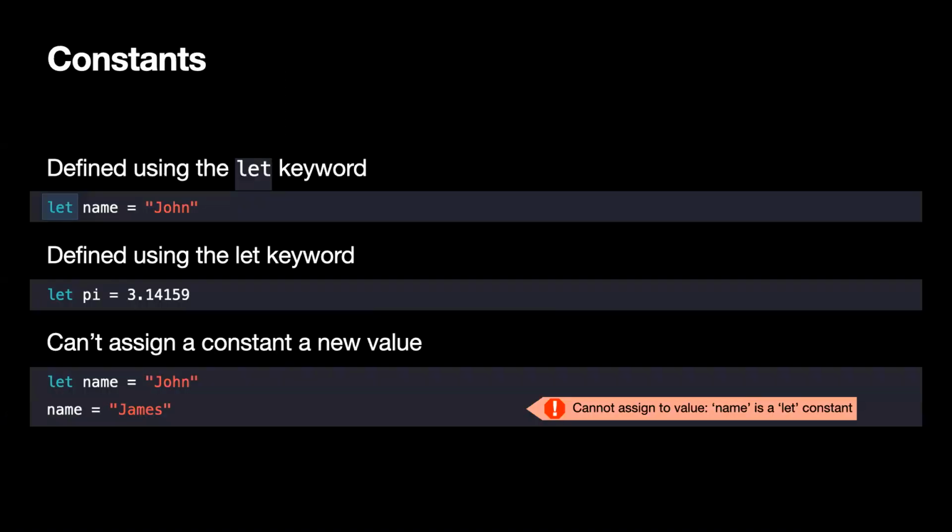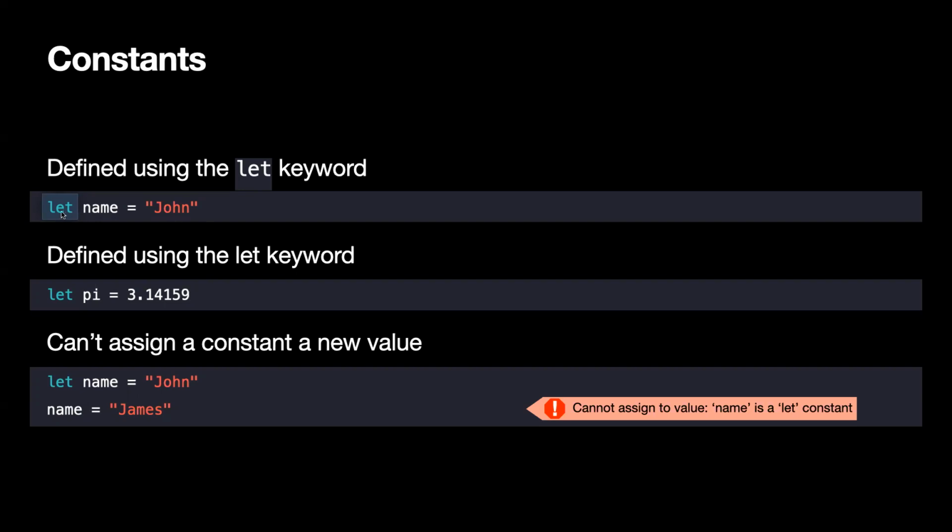Here is an example of a constant. The constant means that you cannot change the value later on. So we define a constant by using the keyword let here. And in this case, we say let name equal John. So name is my variable name.